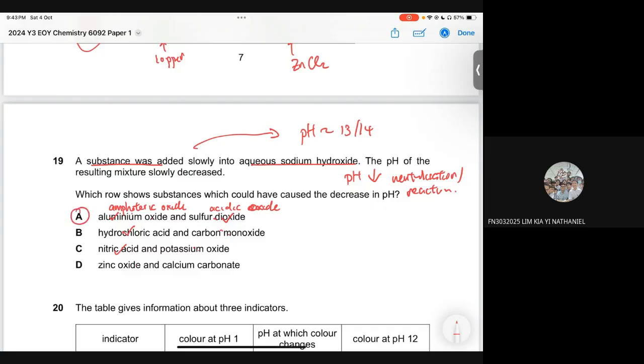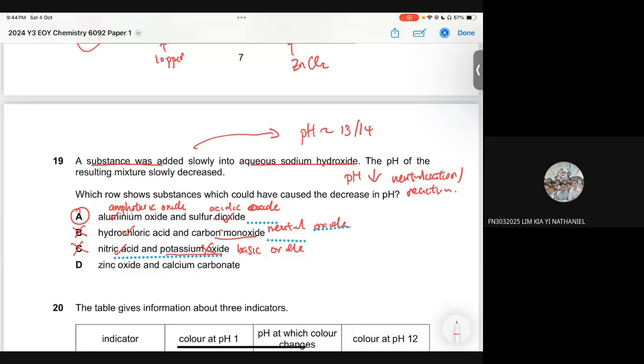Let's look at B. Acid works, but carbon monoxide is a neutral oxide, so it doesn't react. So B cannot be the answer. Next one, nitric acid plus potassium oxide. Potassium oxide is a basic oxide, so it doesn't react with my sodium hydroxide. Instead of decreasing the pH, it might actually make the pH increase.